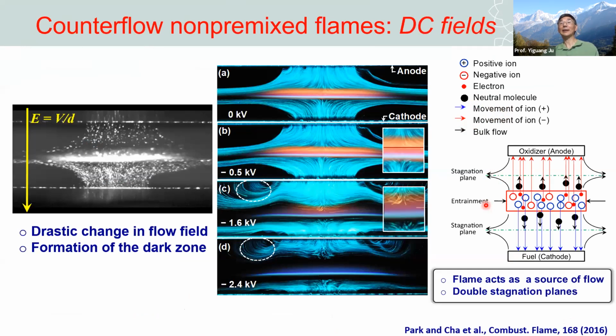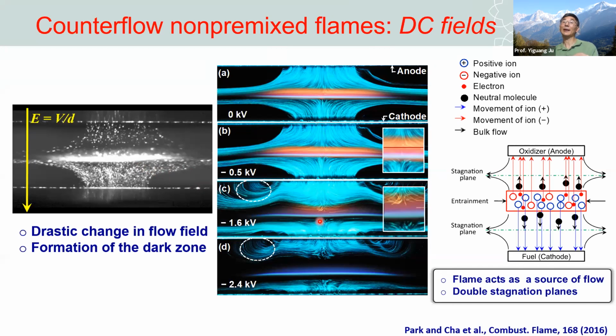Also in counterflow flames, if you have no plasma, you have a flame sitting here, with flow going from one nozzle to the stagnation flame, and the other nozzle also goes to the stagnation flame. But if you have an electric field and ionic wind, you form two stagnation flames, because in the flame the positive ions go in one direction and the negative ions go in the other.